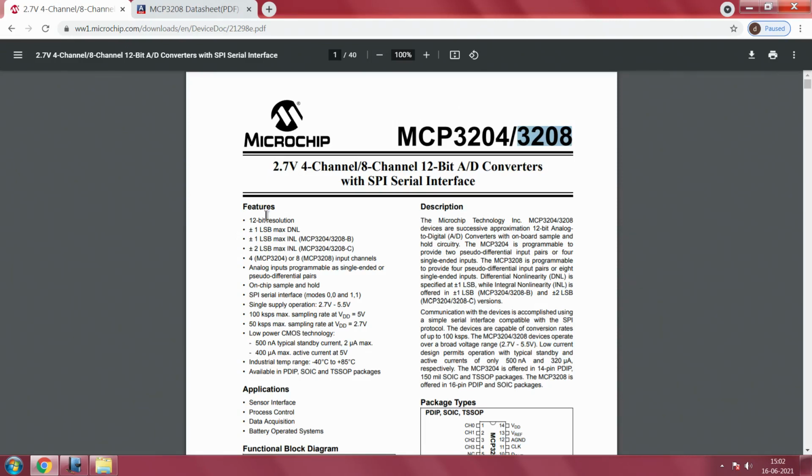And between the MCP 3208 and MCP 3204 there is no difference, except that the 3208 gives you 8 analog inputs. You can interface up to 8 analog inputs, and the chip provides an on-chip sample and hold, because you have to sample the analog input and hold the output, so that the output is exactly for that sampled input.